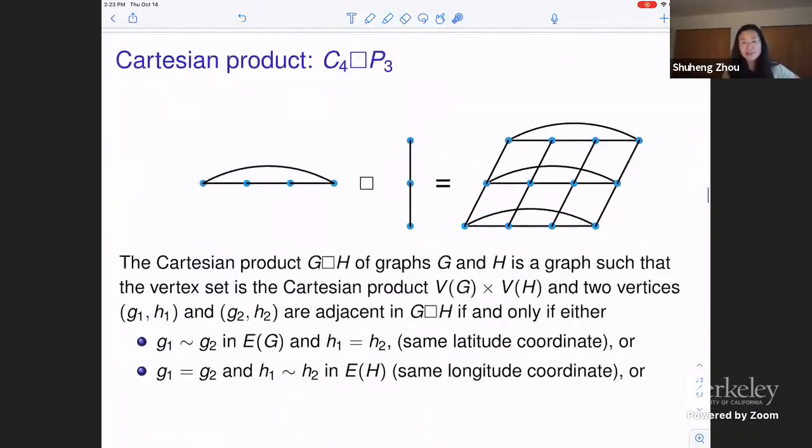And so here is the model we built. We actually used a Cartesian product to model the entire grid. So the Cartesian product is defined as follows.